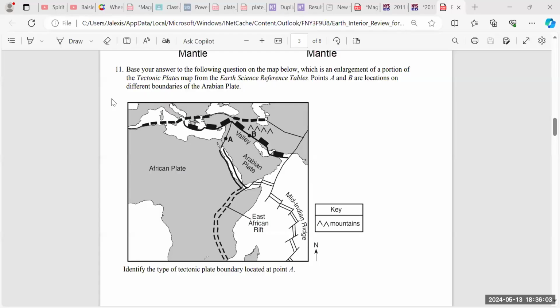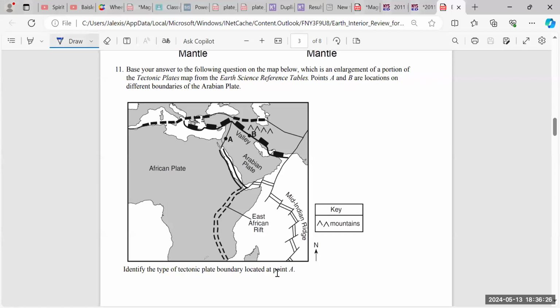Number 11. It says, base your answers to the following questions on the map below, which is an enlargement of a portion of the tectonic plates from the Earth Science Reference Tables. Points A and B are locations on different boundaries of the Arabian plate. It says, identify the type of plate boundary located at point A. All right.